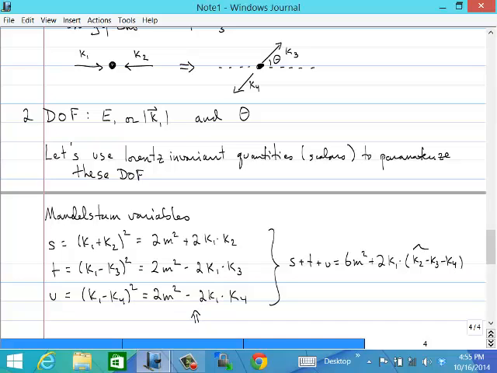But by the conservation of total momentum, this is minus k1. So by the total conservation of momentum and using the fact that k1 squared is m squared, this is just 4m squared. Okay. So in fact, u is not independent from s and t.